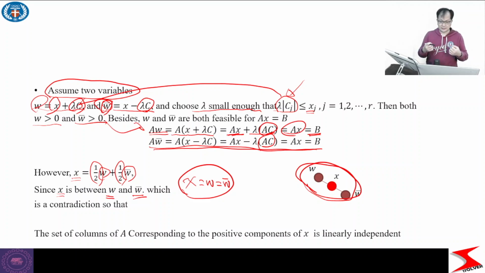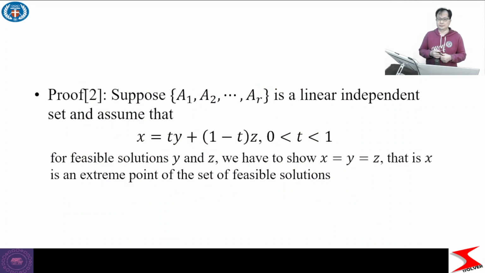There is a line segment. So we find it should be that A is linearly independent vectors for X. And then now we need to do the proof for the if direction.